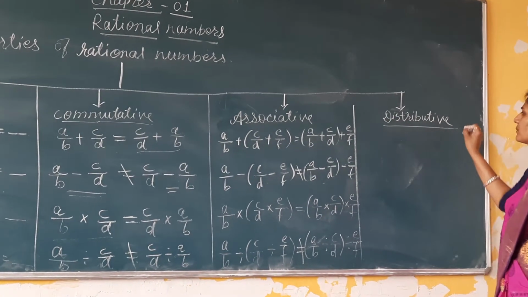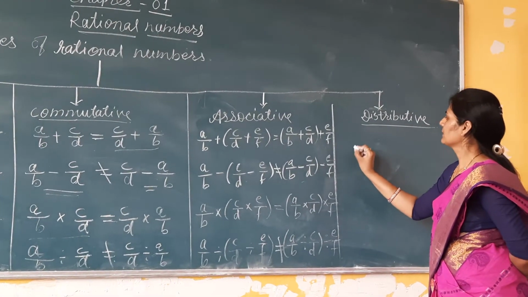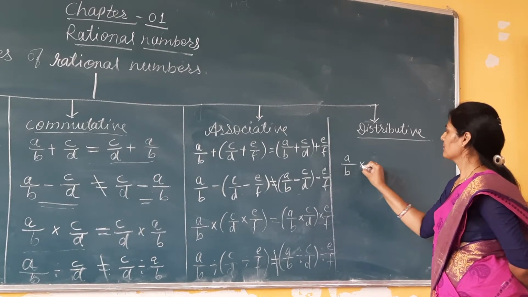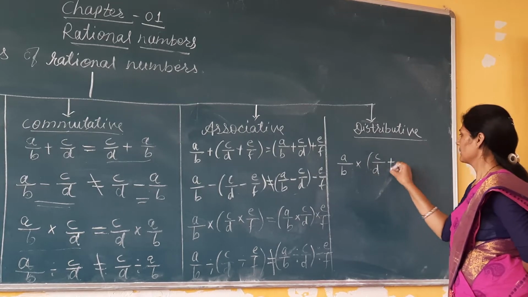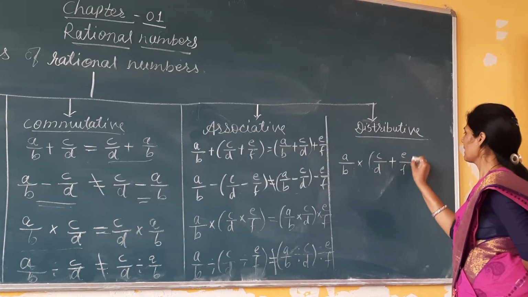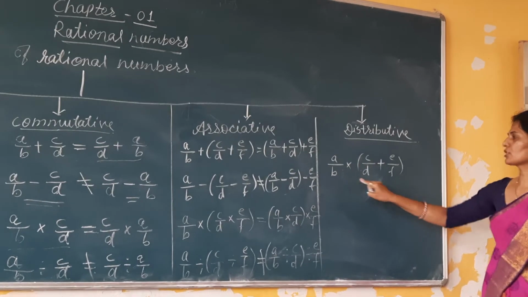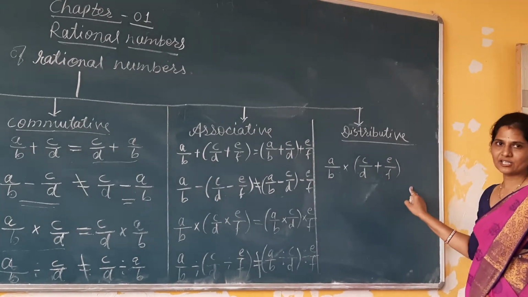Now distributive property. Next property is distributive property. In this property, we have suppose A upon B multiplied by C upon D plus E upon F. Distributivity of multiplication is over subtraction and addition.